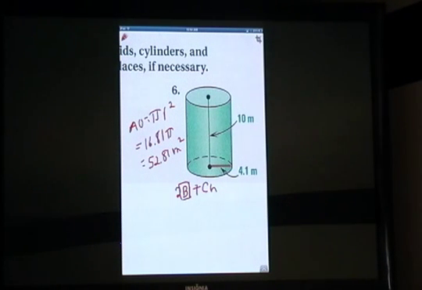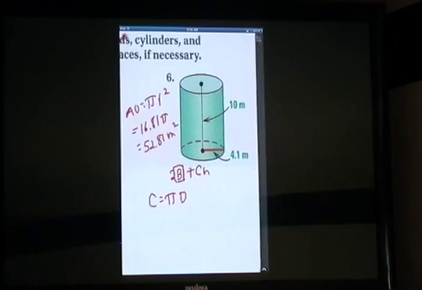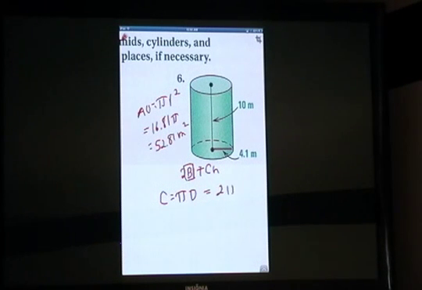Now we're going to find the circumference, which is different from finding the area. The circumference is pi times d, or some people say 2 pi r, which is not the same thing as r squared.